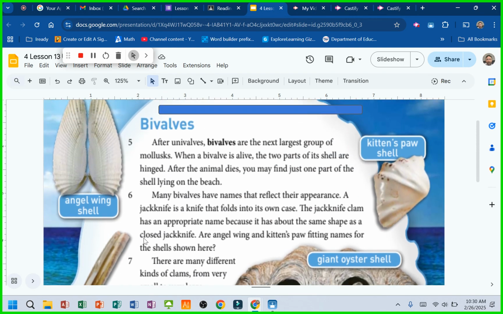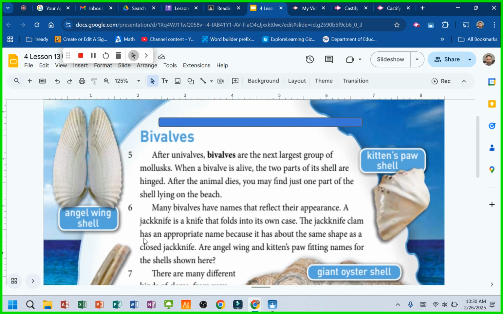Okay, ready? Bivalves. What does the prefix bi mean? Bicycle, biped. Yeah, two. After univalves, bivalves are the next largest group of mollusks. When a bivalve is alive, the two parts of its shell are hinged.